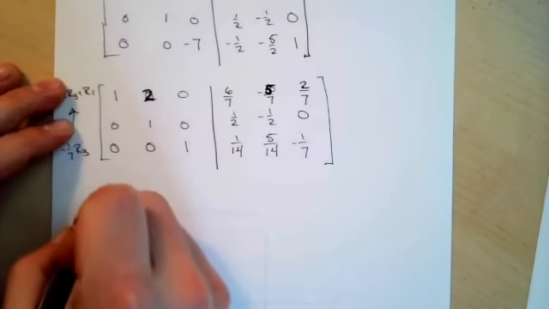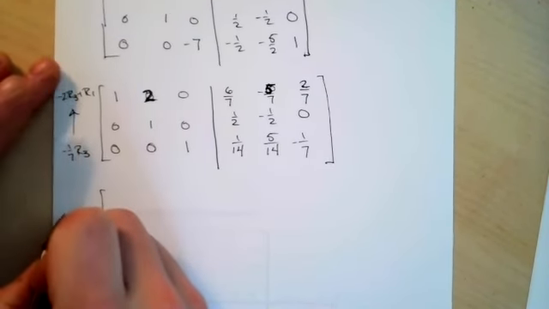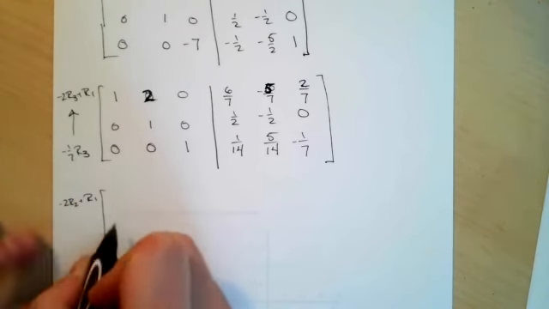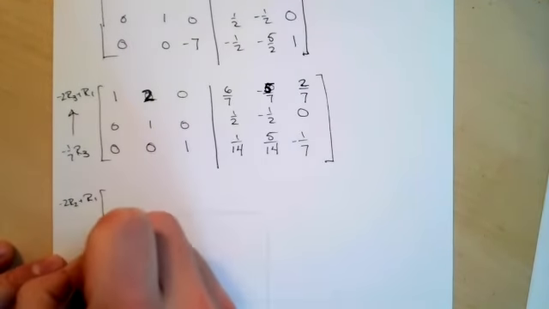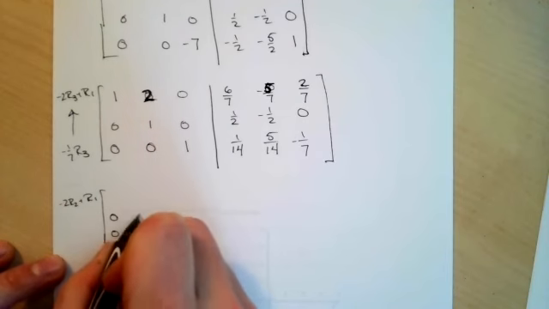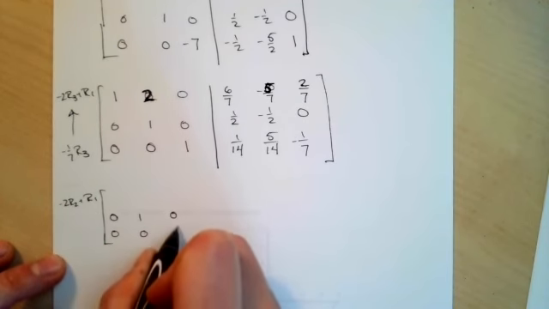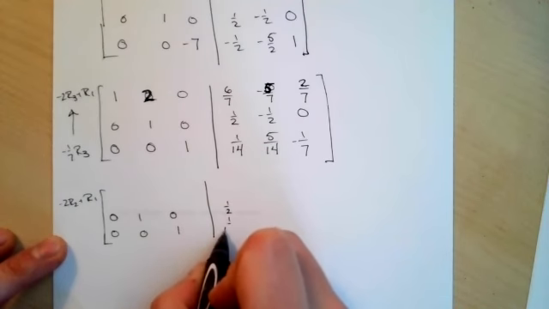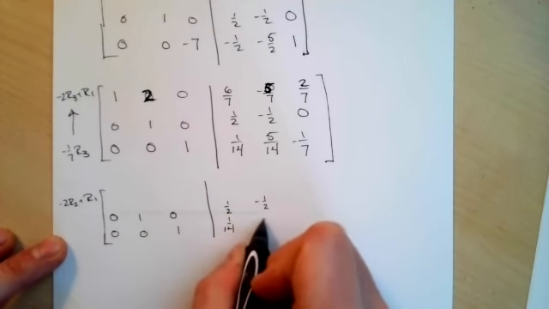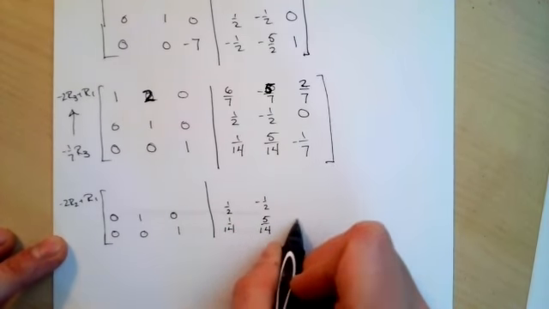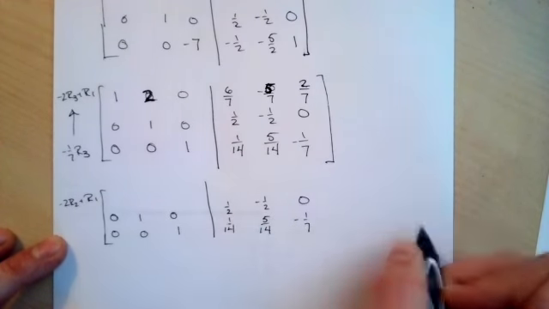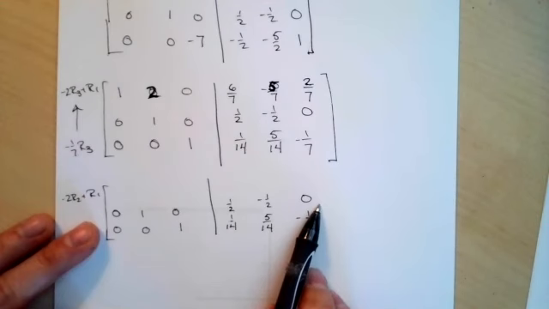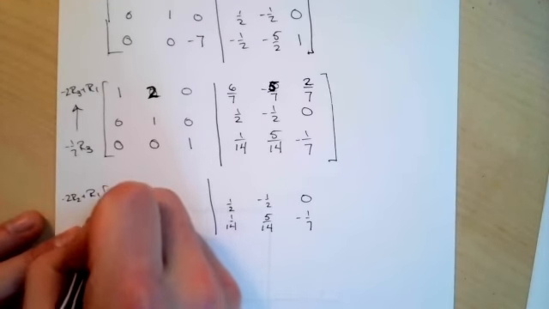And then now our last step, we need -2 row 2 plus row 1. And this one might be a bit of computation. So let's write out everything we have. And then we need -2 times this row plus the first row.